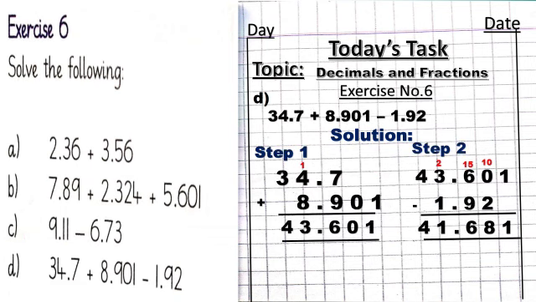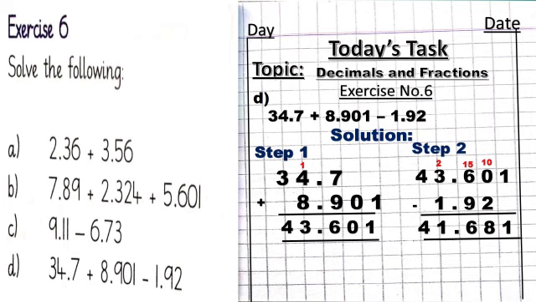Let's move to part D, that is 34.7 plus 8.901 minus 1.92. We will solve this question in the same way as part B. First of all, we will add the first two decimal numbers, that is 34.7 and 8.901.